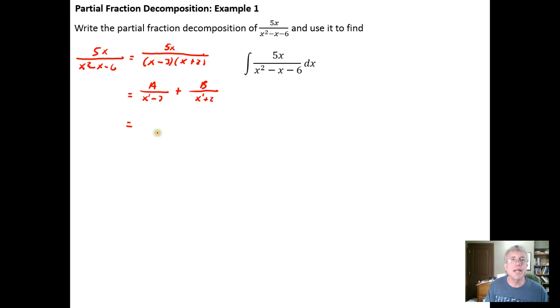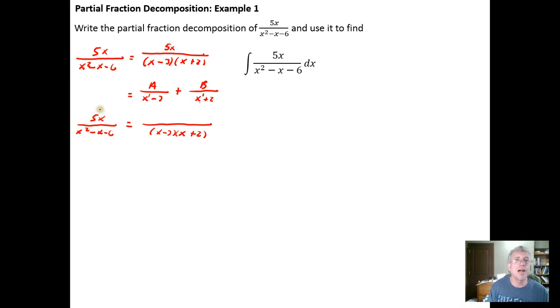And then what we want to recognize is that to get our common denominator, we would need to take the product of these two terms. It would be an x minus 3 times an x plus 2. This product gives us the x squared minus x minus 6.